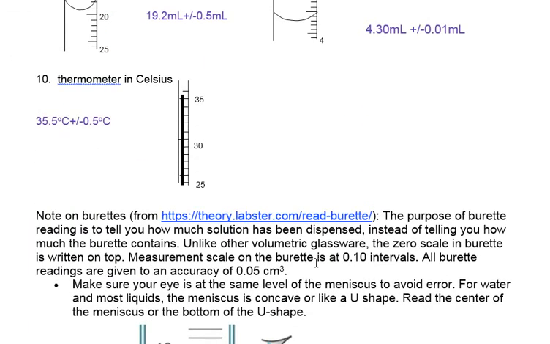So a little note about burettes in particular, but really anything where you're measuring a liquid. Because we're trying to be really accurate with burettes, it's especially important. And with things like burettes, pipettes, graduated cylinders, you want to make sure that your eye level is level to that meniscus.